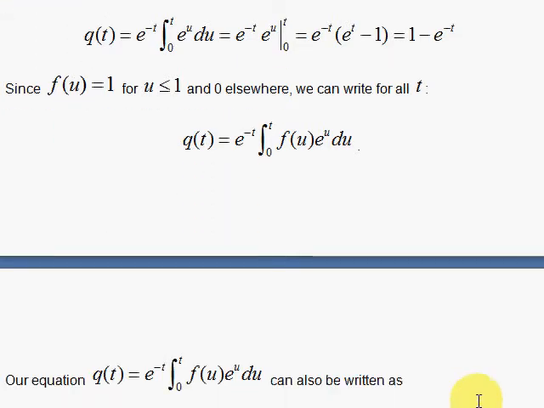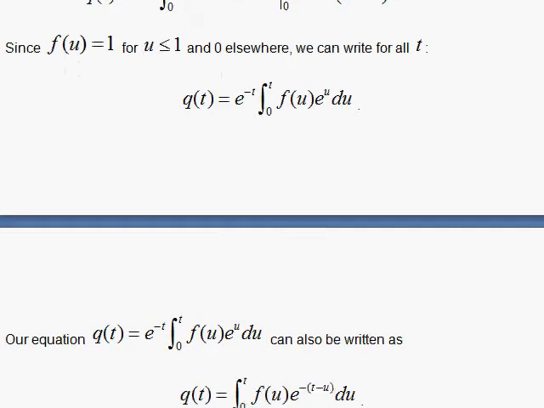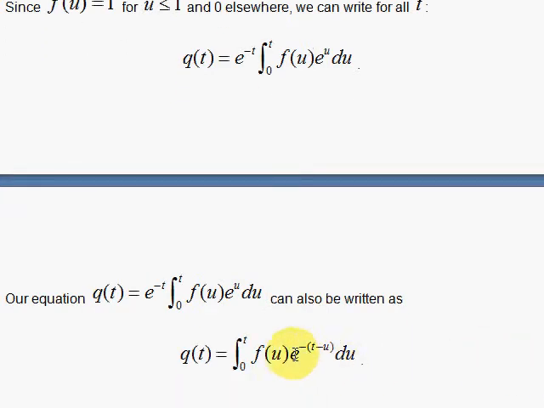Now this equation here can be written by bringing the e to the minus t inside, since we're not integrating with respect to t, and we have this form for the convolution. It's the same equation as you have up here.